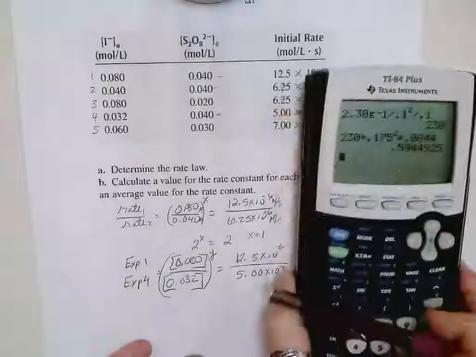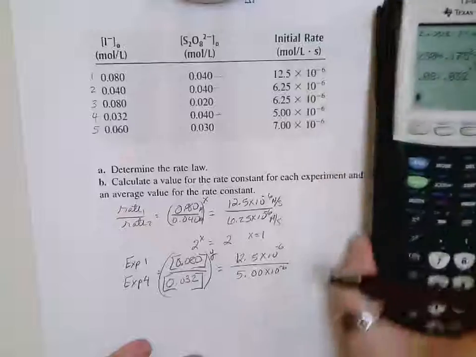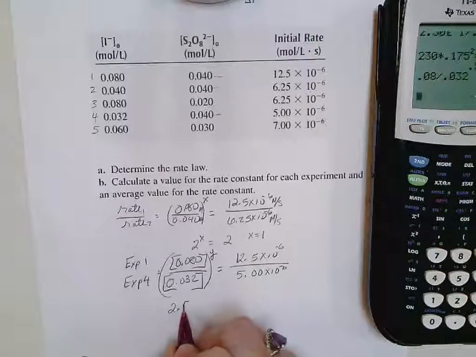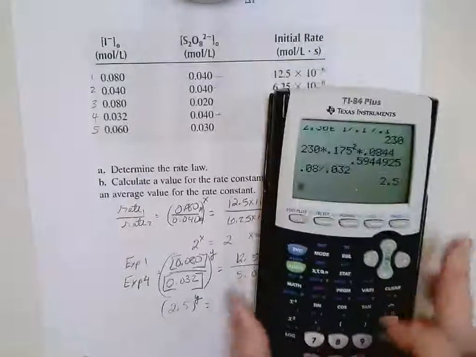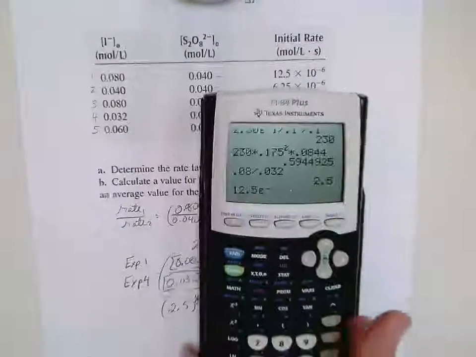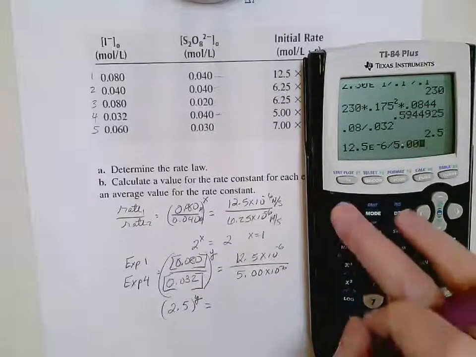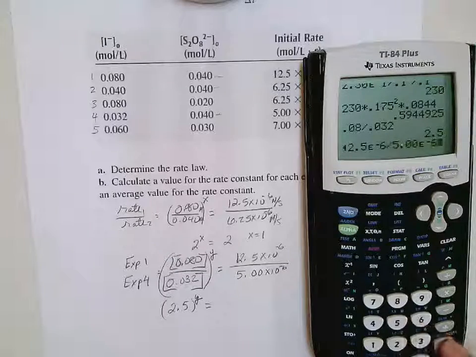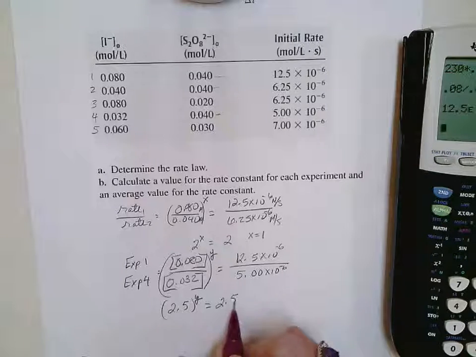And so in this case, I'm going to go ahead and use my calculator. 0.08 divided by 0.032 equals, that's 2.5 raised to the y is going to equal 12.5 E negative 6 divided by 5.00 E negative 6 equals, and we get 2.5.